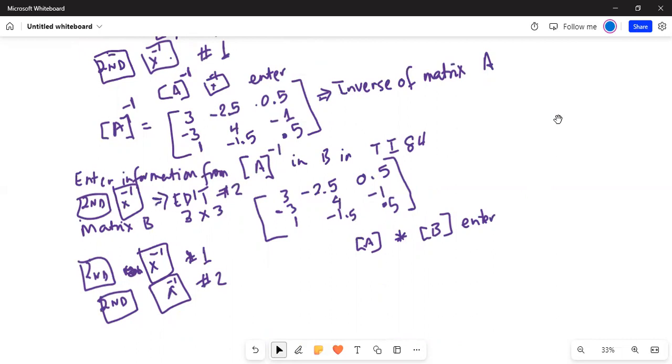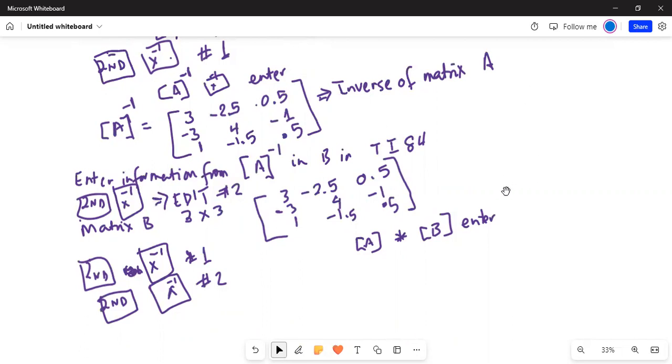Now I'm going to do the multiplication of A times B. So I do second x minus 1, number 1 gives me A, multiply that with second x minus 1, number 2, that is A times B, and then you enter, and indeed you get the identity matrix.